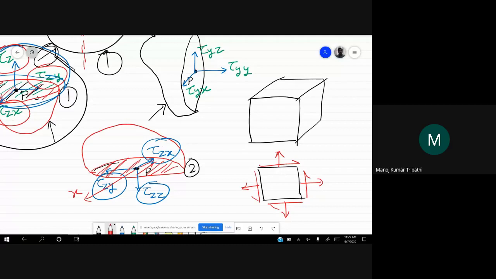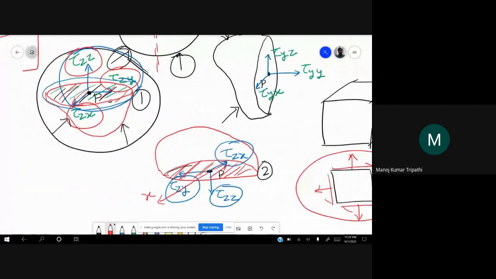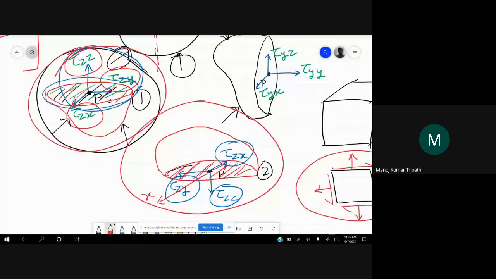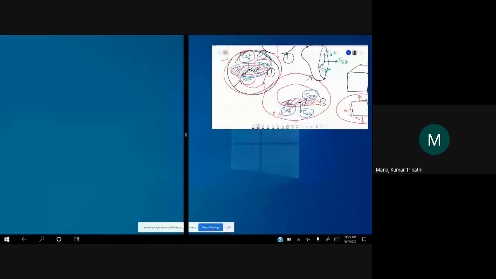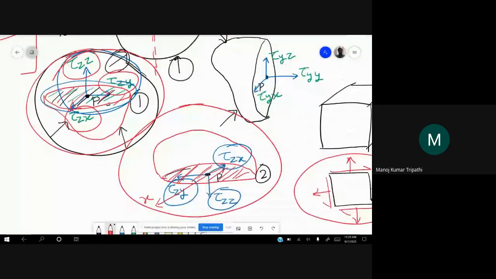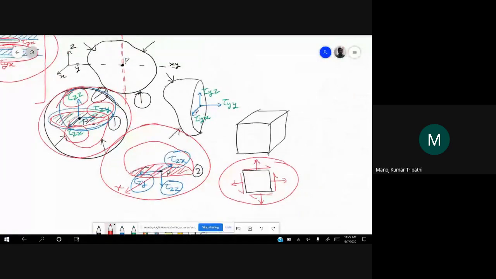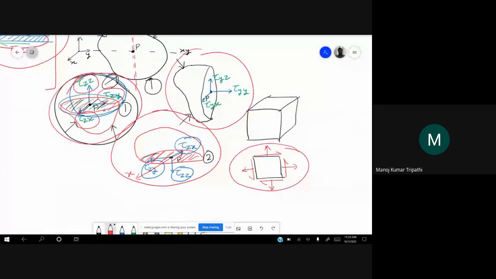Actually, it is about a single point. So what I have shown in these pictures here, I am talking about a single point.